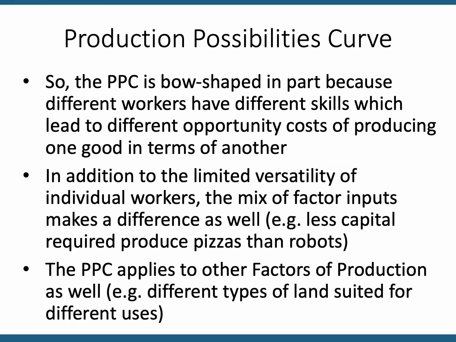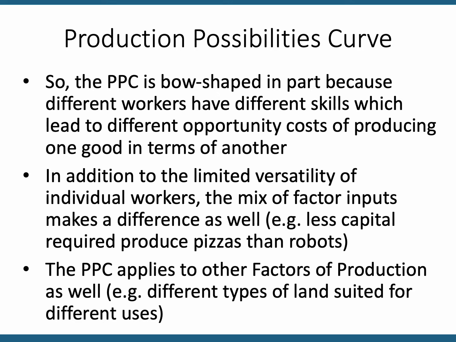And here's an explanation of why the curve is bow-shaped. Bow-shaped meaning bowing out from the origin. And in fact, the point here is that it's a curve to begin with, and not a straight line. If it were a straight line, then opportunity costs would not increase. They would remain constant. But they don't.